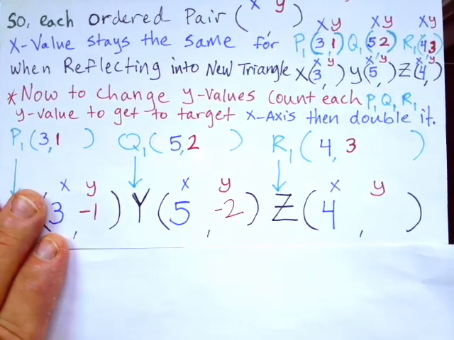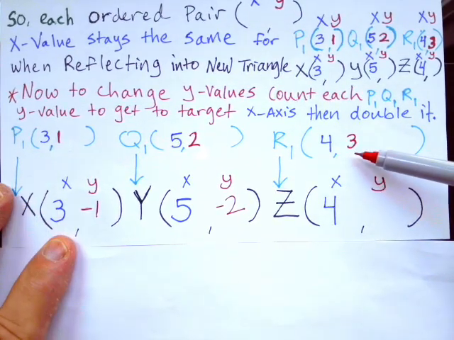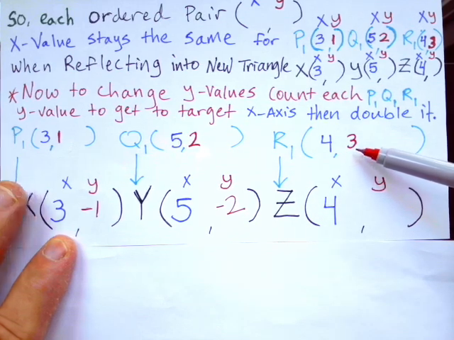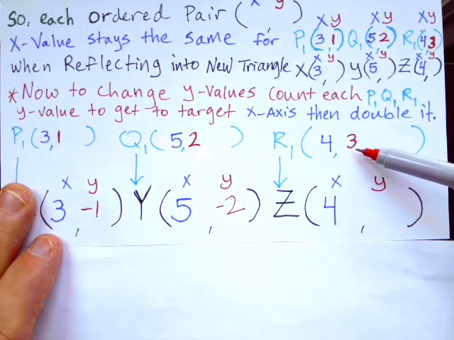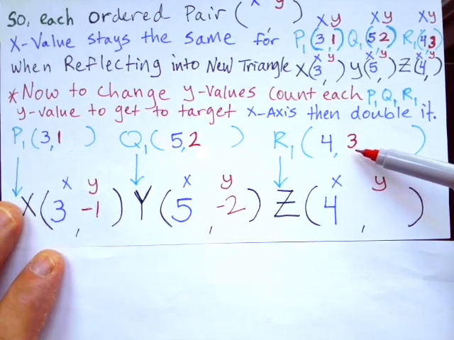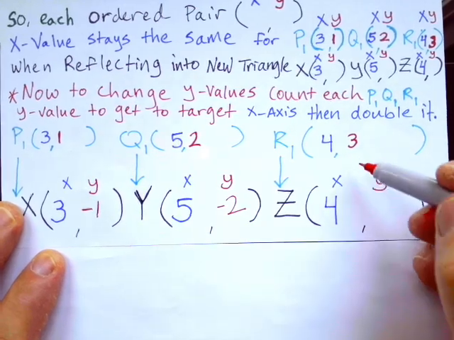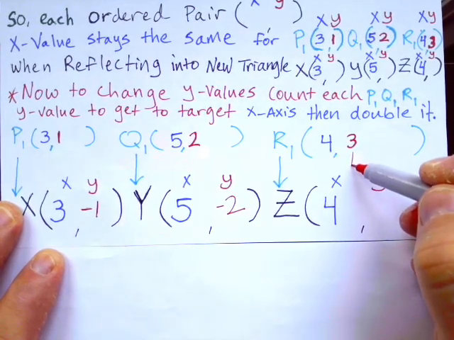-2. Okay. And so for the y value for R prime, 3, in order for 3 on the y-axis, which is +3, to get to 0 or to touch the x-axis, you count 3 in a negative direction. 1, 2, 3.